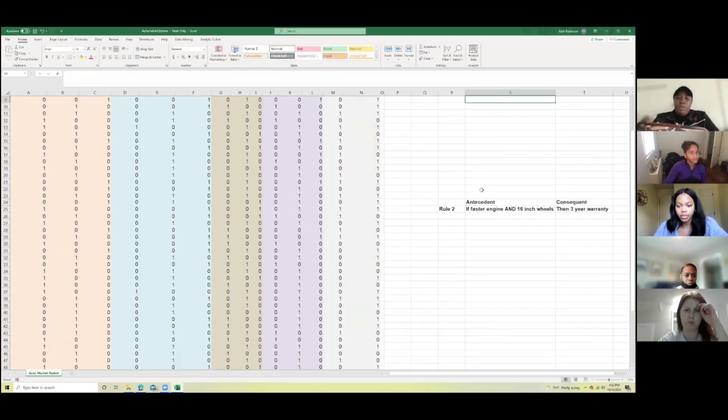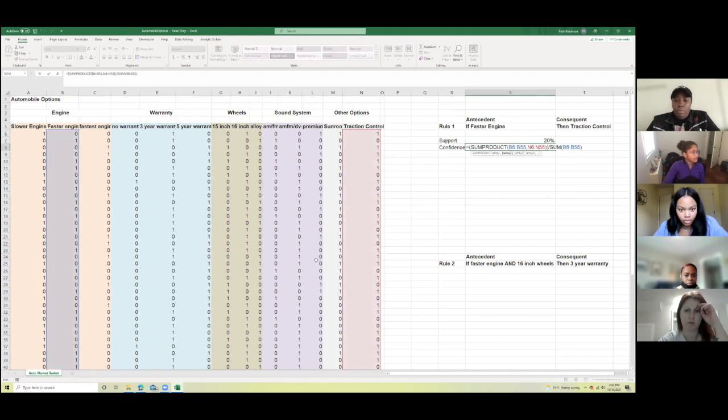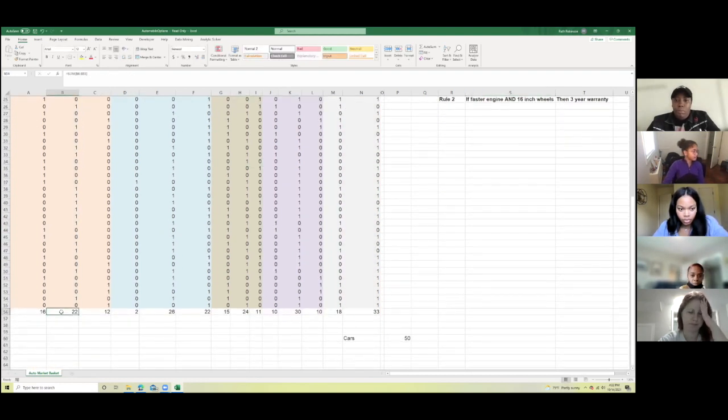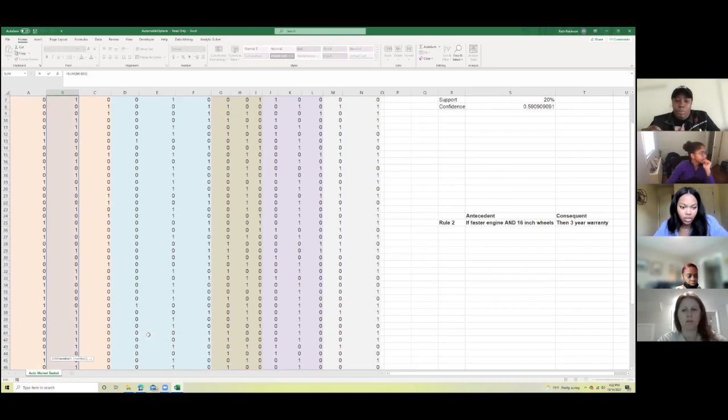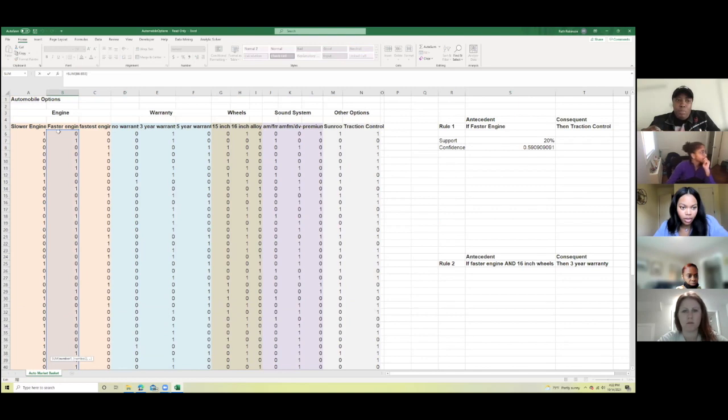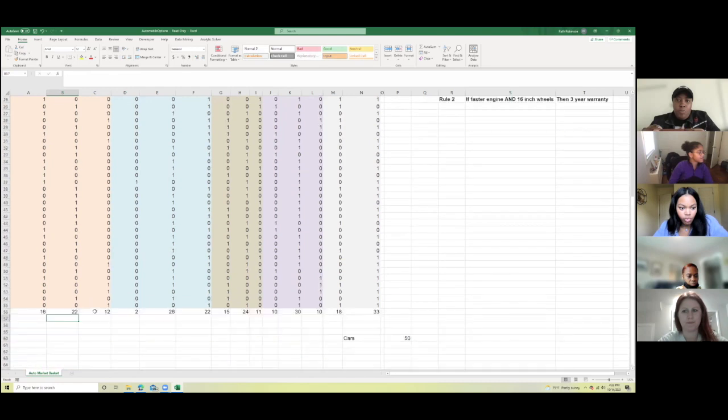Is it 22 or 12 that you divided by? So it should be the sum of all of these. Did you get 12? Yeah, I got 12 too. You got 12 too? It's for fastest engine, not faster. That's probably why. Yeah. Okay, so you got 12 for fastest engine.